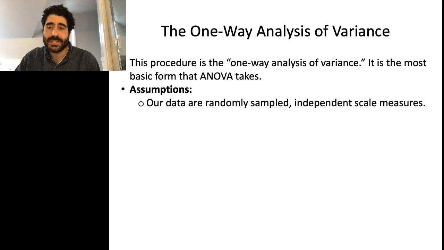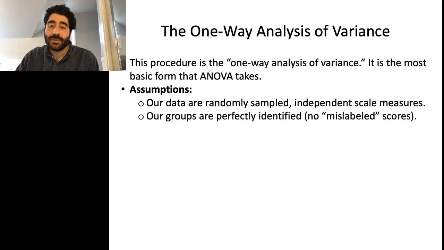And so the assumptions, again, we're assuming these are random independent samples, that we're getting this scale measure from each person. We're also assuming that we're getting some kind of group label from each person, and we're assuming that every person is in exactly one group.